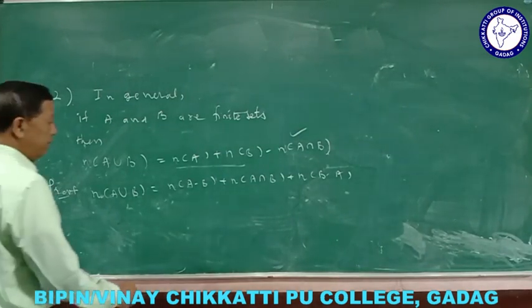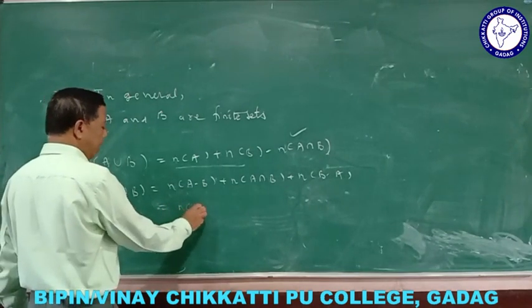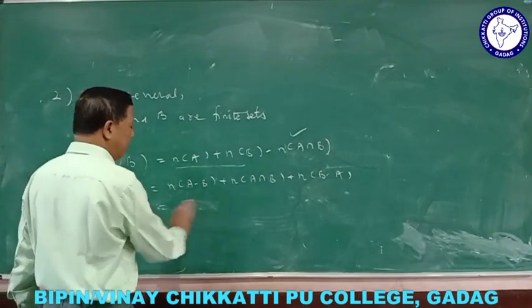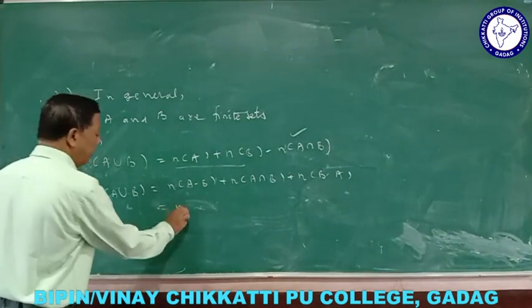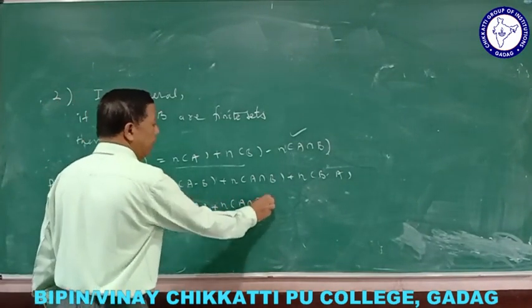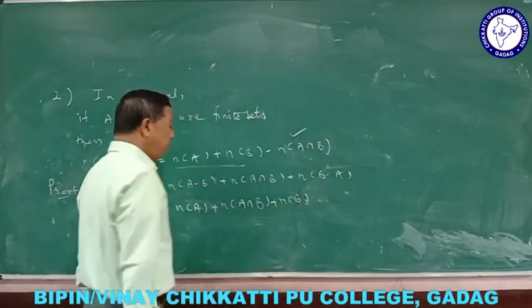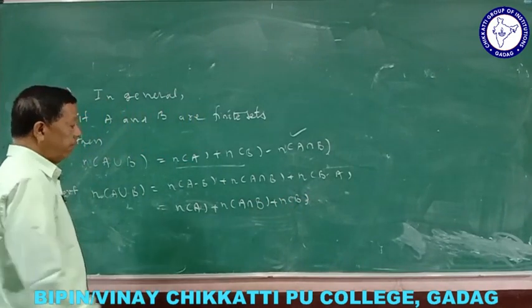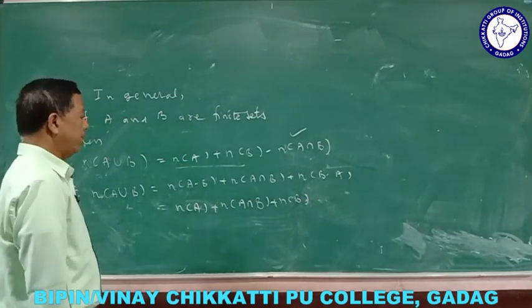Now try to understand n(A minus B): how many elements are you writing? n(A minus B) is nothing but n of A only, n(A intersection B), and n(B minus A) means n of B only. So here you can understand how it is to be done.